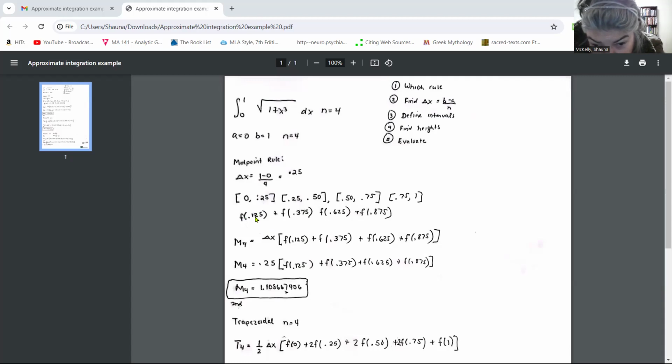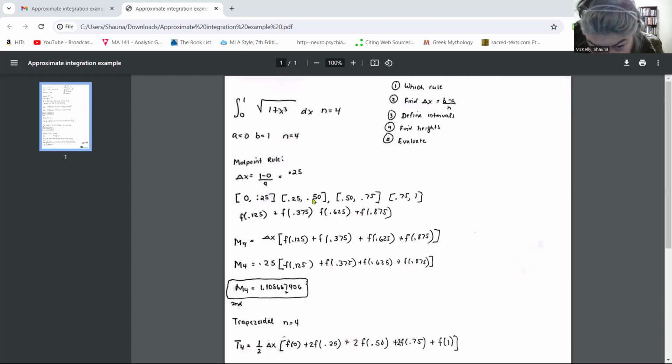If you want to find the midpoint, add up the ends of the interval, so 0.25, and divide it by 2. Here, add up 0.25 and 0.5, that's 0.75.